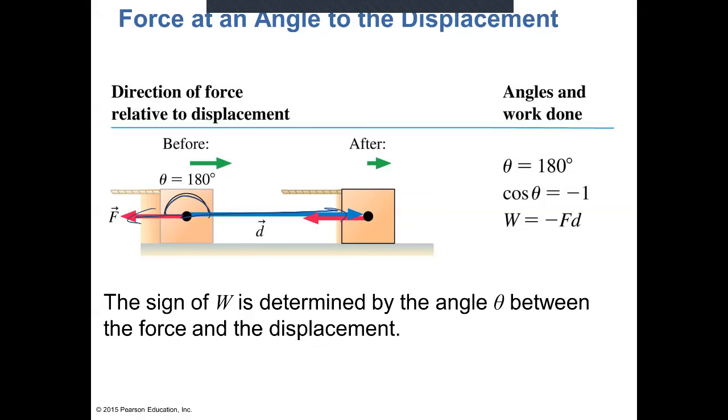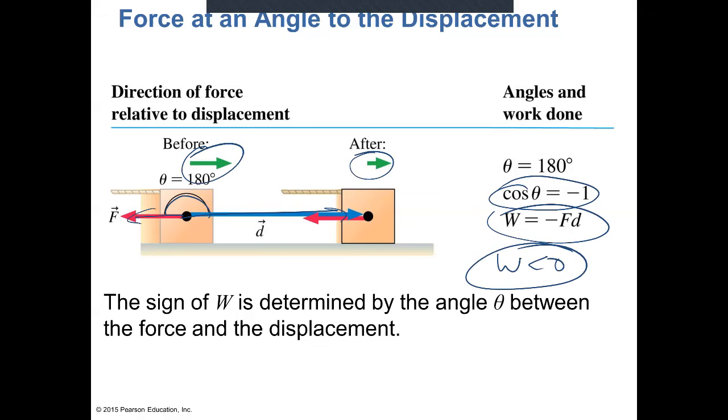That means cosine of theta is -1 because cosine of 180 is -1. And then you're removing the maximum amount of energy. So you have negative work done, which means there's a removal of energy from the system. And you can see it slows down. Speed is less compared to before and after.